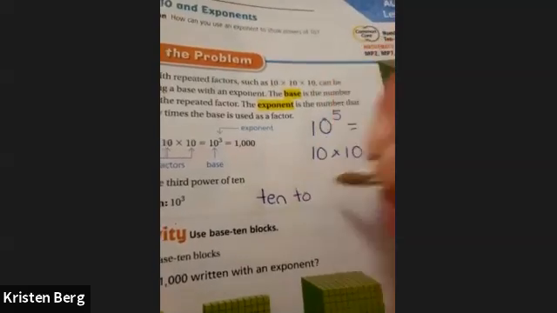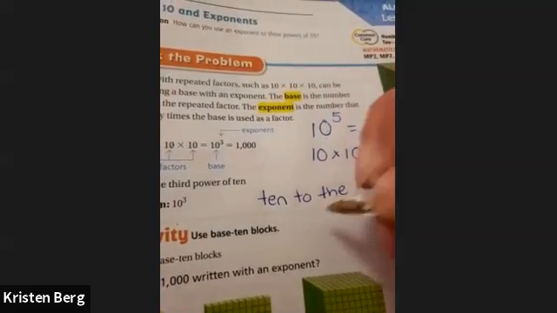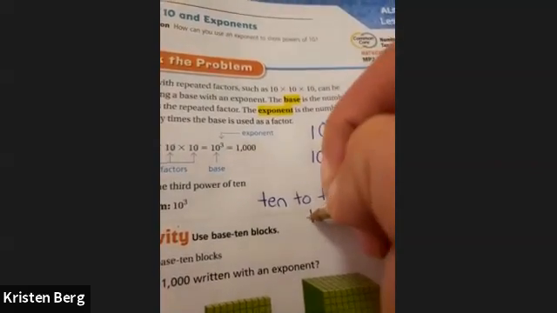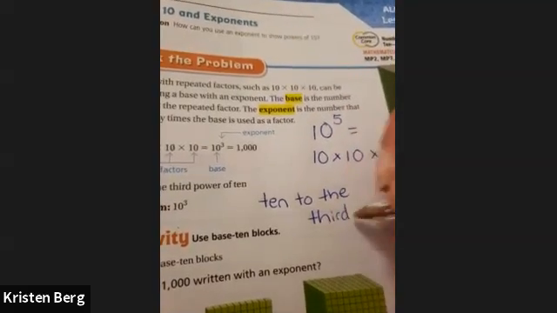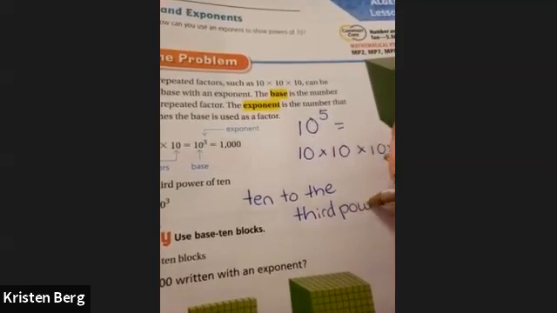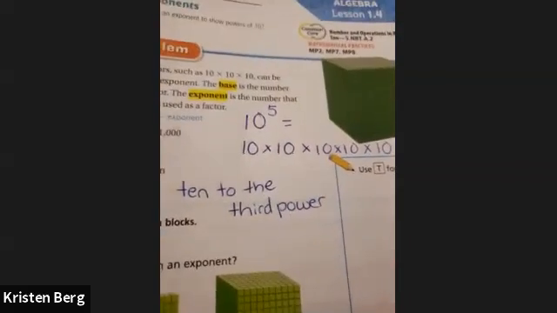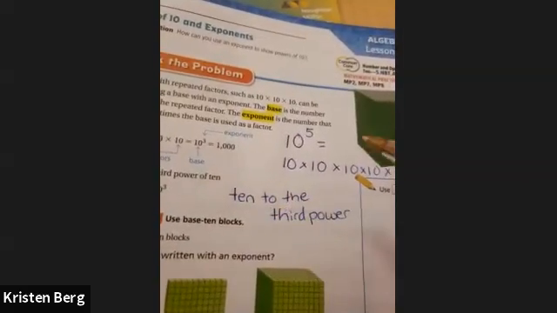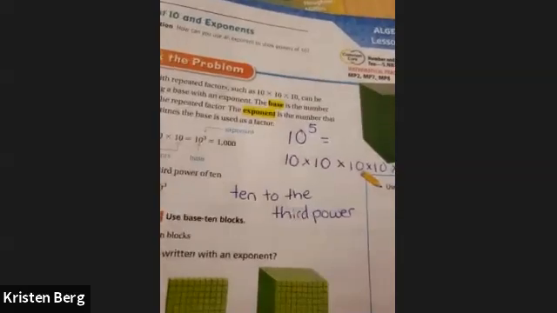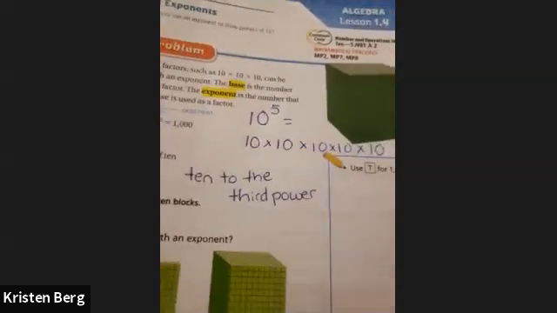So it'd be 10 to the 3rd power. I'll give you credit if you can say either of these two ways. I always say the base first. Some people say the exponent first. That is up to you how you want to say that.